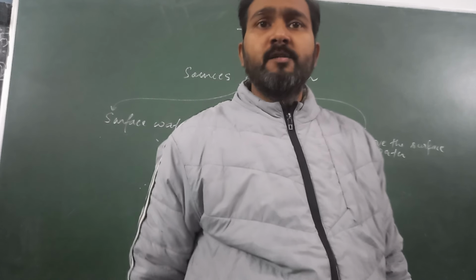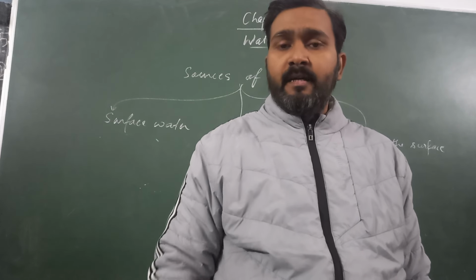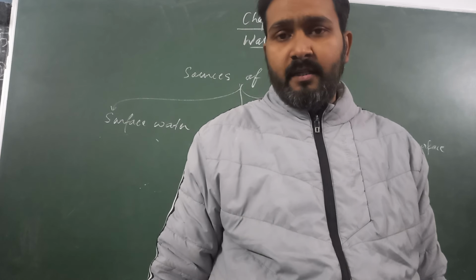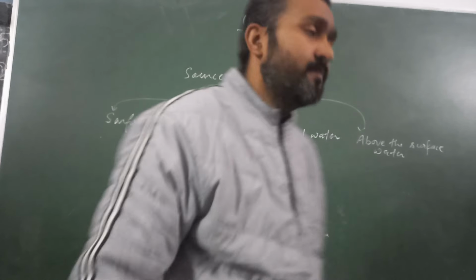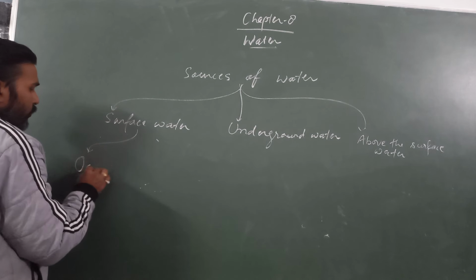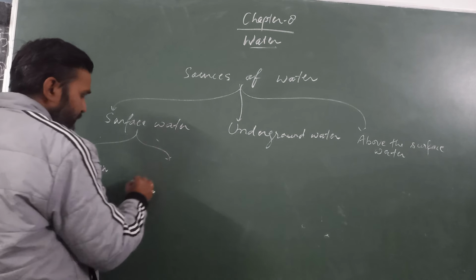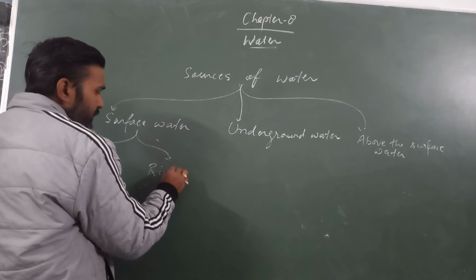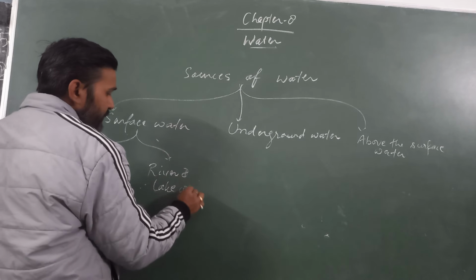So in the surface water there are 2 types of water: ocean, and the second one is river and lake water.